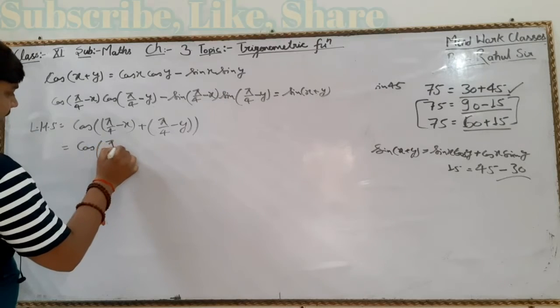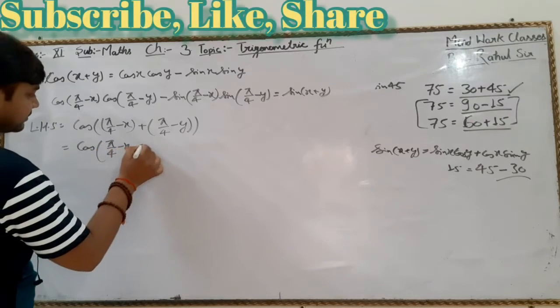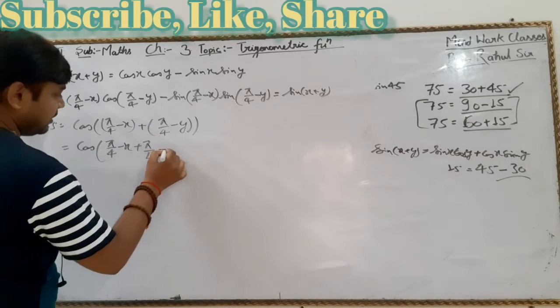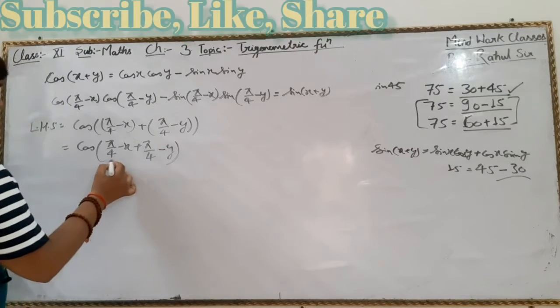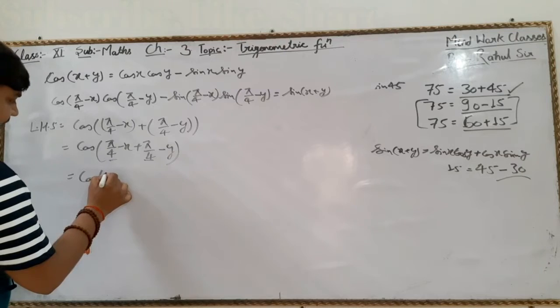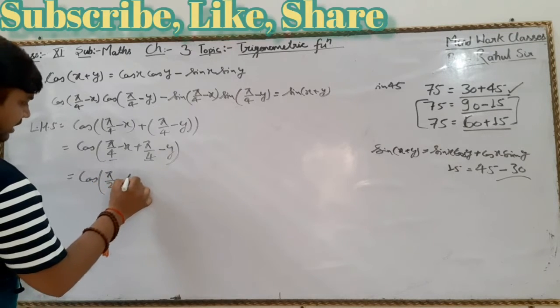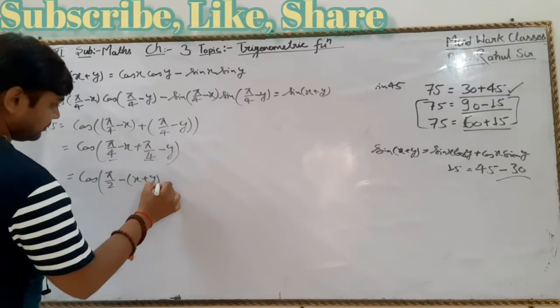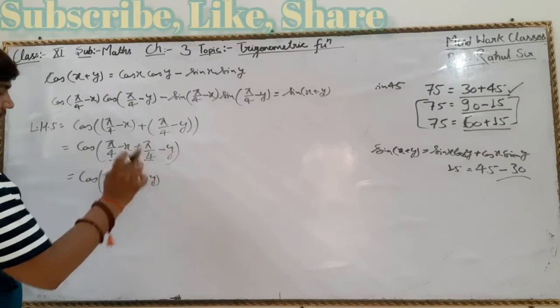This becomes cos of (pi by 2 minus (x plus y)), because we take the minus common from minus x minus y.